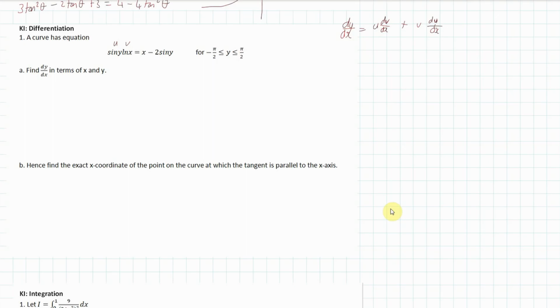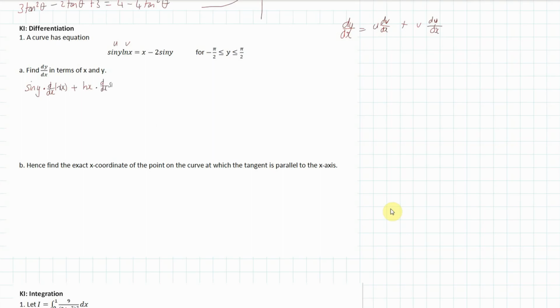So that first side I'm going to go sine y times d dx of ln x plus, now I'm going to do v, which is ln x, and then I'm going to apply d dx to sine y.